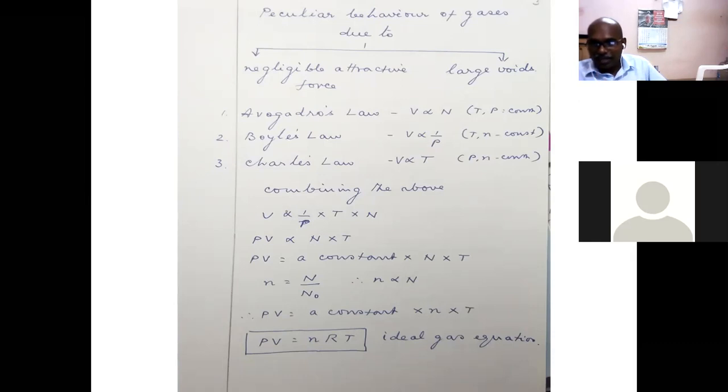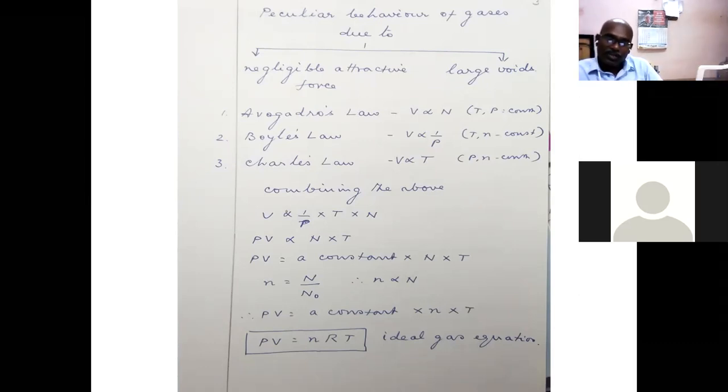See, volume and pressure are dependent parameters. When you maintain pressure constant, volume increases with the temperature. When you maintain volume constant, pressure increases with the temperature. That is Charles' law. Now I am going to combine all these three laws.